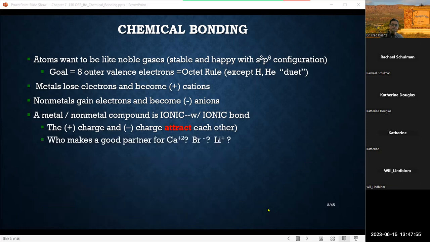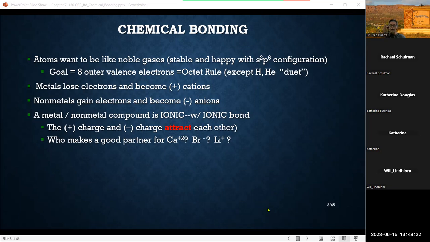Okay. Now, when we start putting compounds together, you got to remember what you want to put together is the positive ion and the negative ion. It won't work to put 2 positives together, okay? Or 2 negatives together. Why? Because they repel each other, okay? Positives and negatives repel each other.